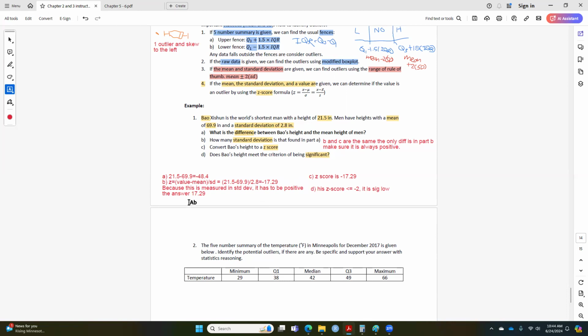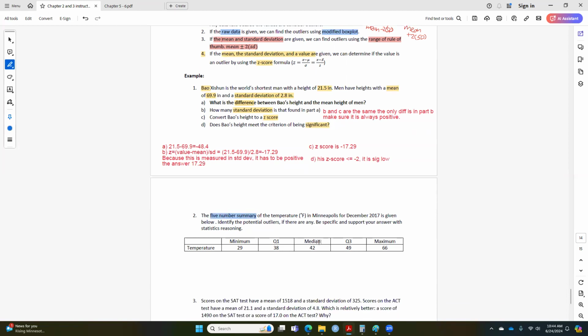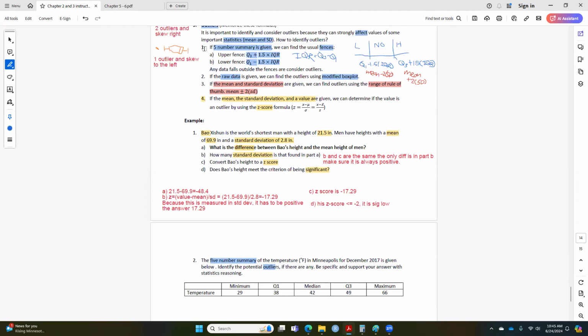Okay, question number 2. This is where the question provides us the 5-number summary for the temperature in Minneapolis. You're asked, are there any outliers in this case? Support your answer. Since the question provides us the 5-number summary, we have to use number 1, because that is what the 5-number summary is for.